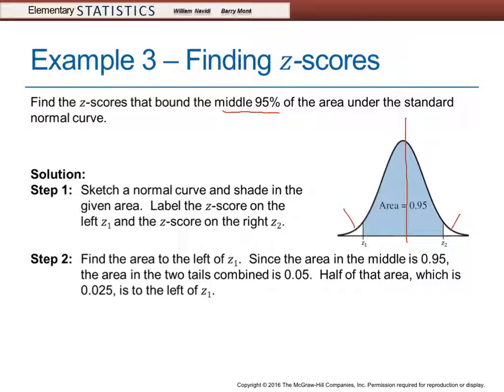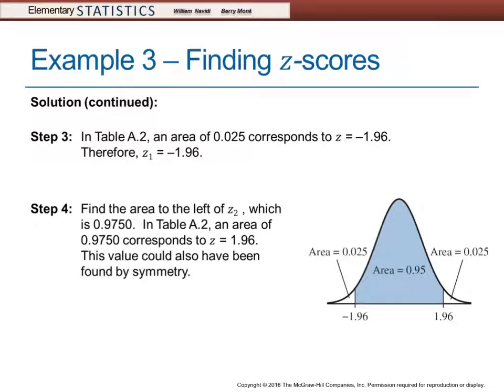Since the area to the left of z1 is half of the two areas added together, 0.05, which is 0.025, now we take this number and go inside the table.